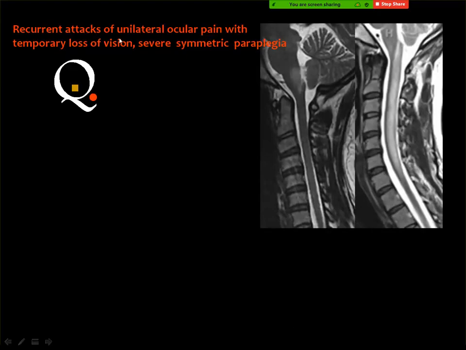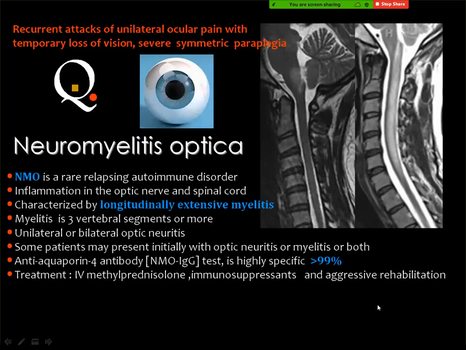This patient had recurrent attacks of unilateral ocular pain with temporary loss of vision, and severe symmetric paraplegia. Neuromyelitis optica. Very good. And this is, let us say, the appearance together with the history pointing to the diagnosis of neuromyelitis optica, which is a relapsing autoimmune disease that affects the cord and the optic nerve.